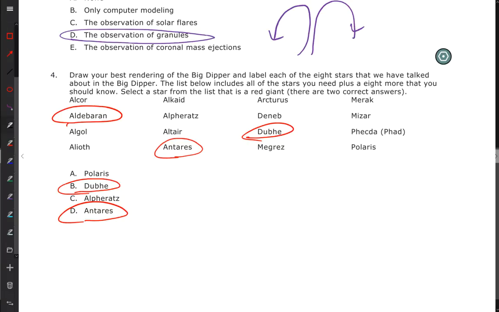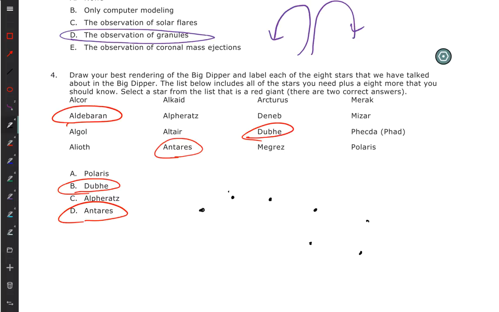So our Big Dipper has something like that. None of us are perfect artists, and I am no exception.